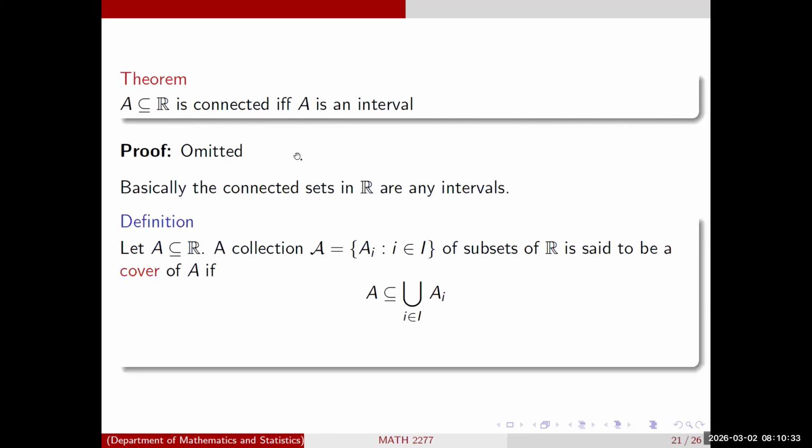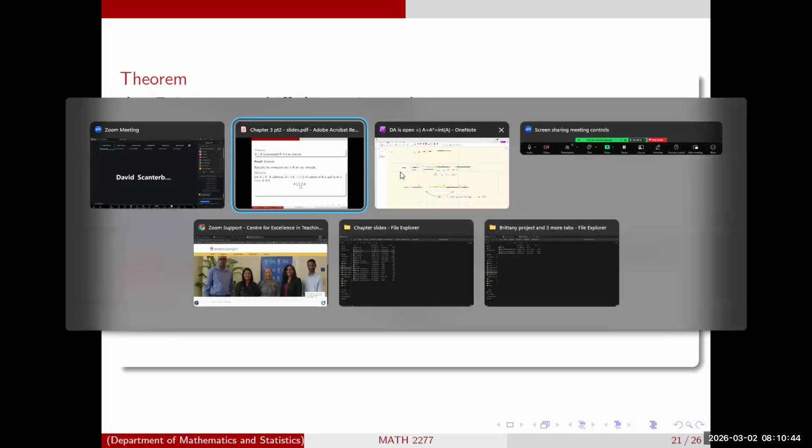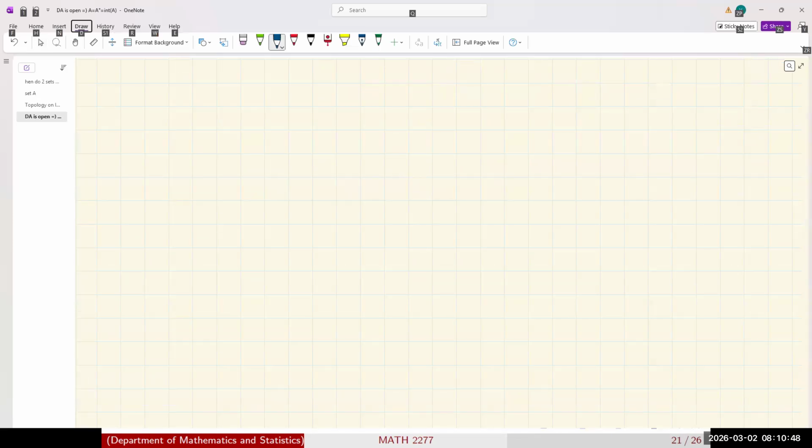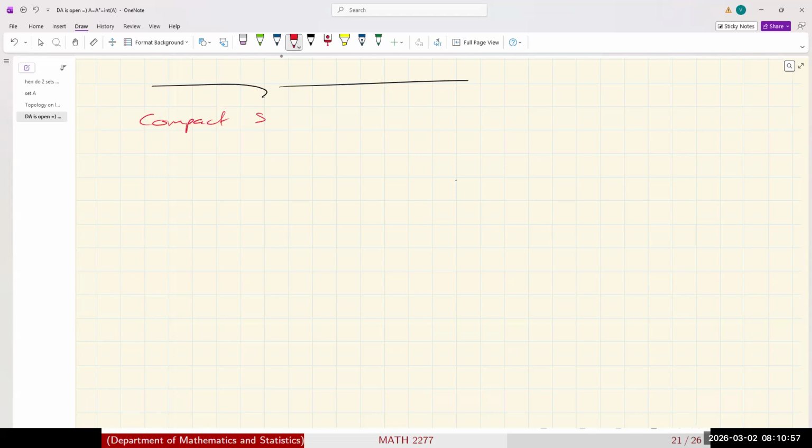Okay, so that's it for connected sets. Next we're going to move into compact sets. In order to describe to you what a compact set is, we need to first look at a couple of different concepts.